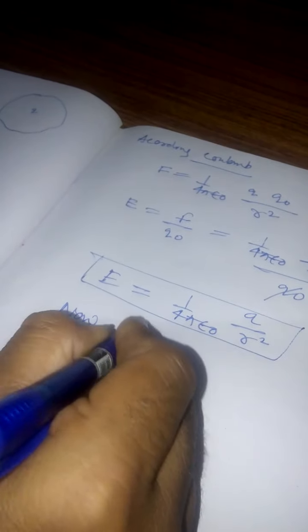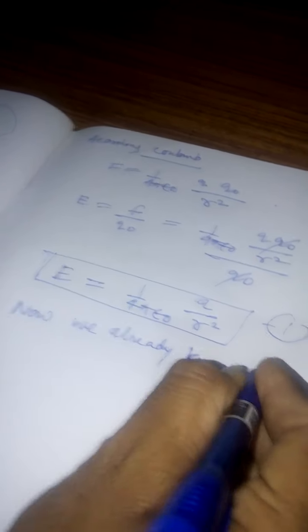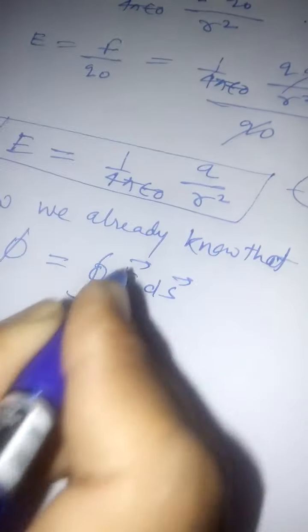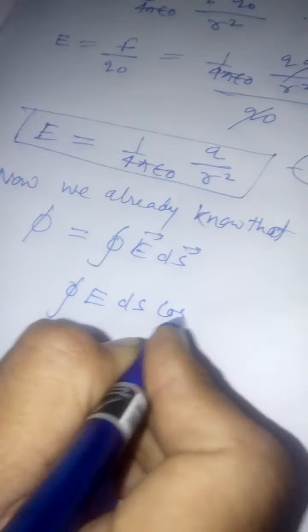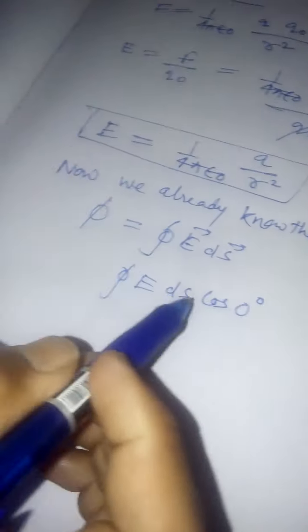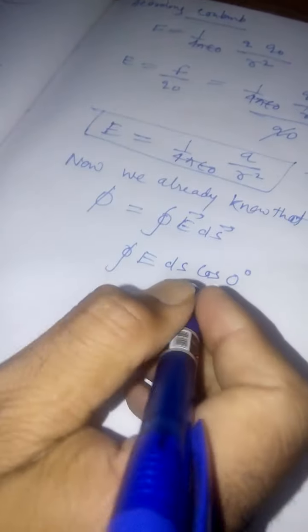Now we already know that the flux is the integral of E ds, which we can write as E ds cos 0, because the angle between them is 0.